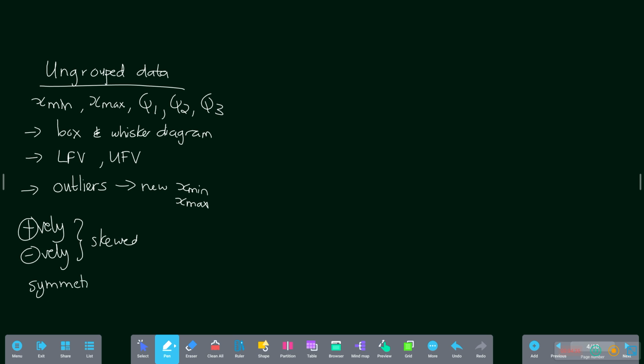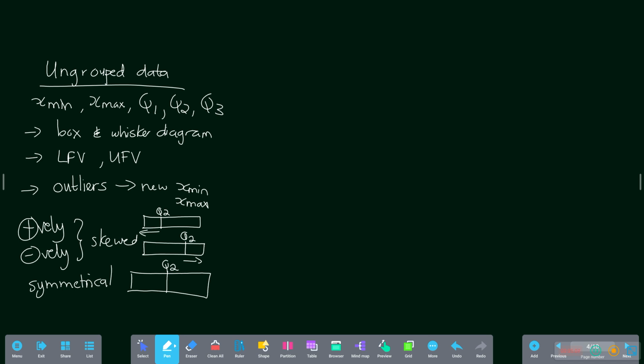This is after you have drawn your box and whisker. If it is positively skewed, then it means that your median is closer to the left-hand side. If it's negatively skewed, then it means that your median is closer to the right-hand side. And if it is symmetrical, then it means that your median lies halfway between the lower quartile and the upper quartile.